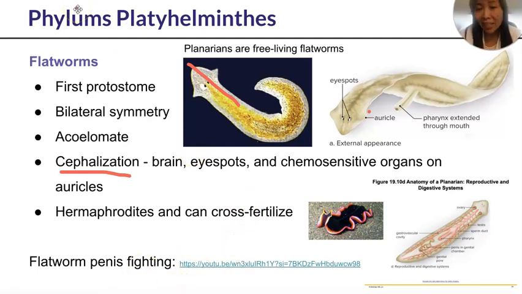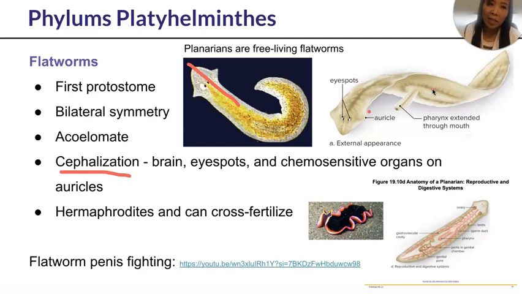One last thing that's interesting about flatworms is they do have a muscular pharynx, which we can see right here. This muscular pharynx can act as a mouth to ingest food, and the pharynx is lined with different epithelial cells that can secrete digestive enzymes.